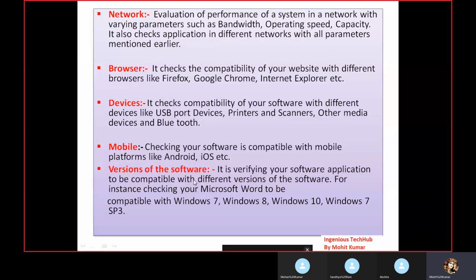So it is verifying your software application to be compatible with different versions, right? For instance, checking our Microsoft Word to be compatible with Windows 7, Windows 8, Windows 10, Windows 7 SP3, right? So I think you guys understand what compatibility testing is.